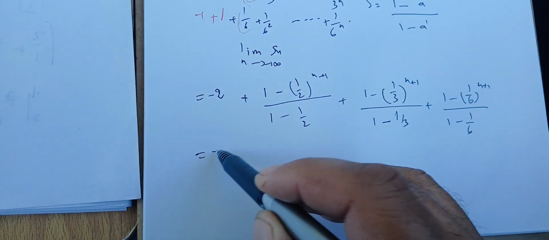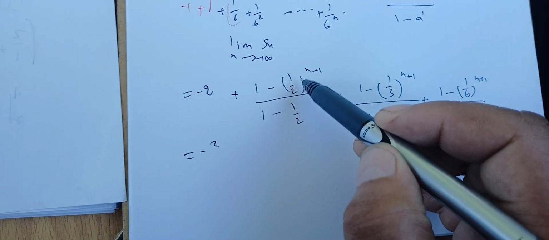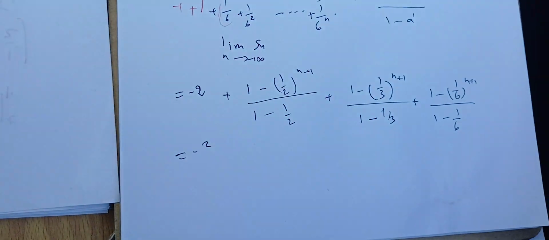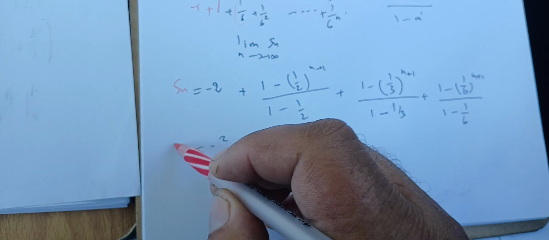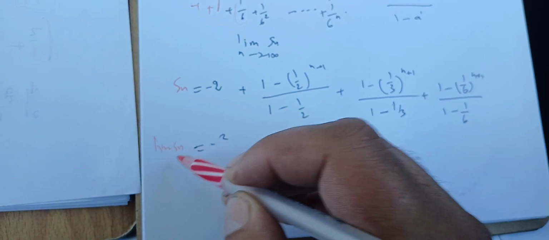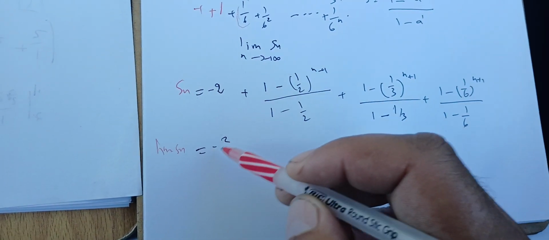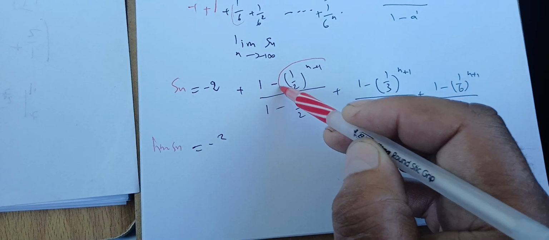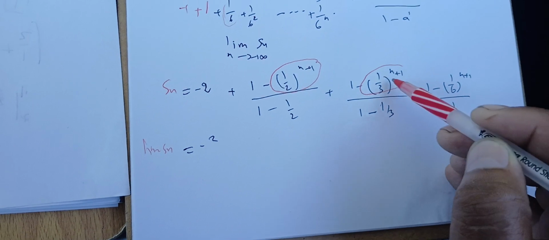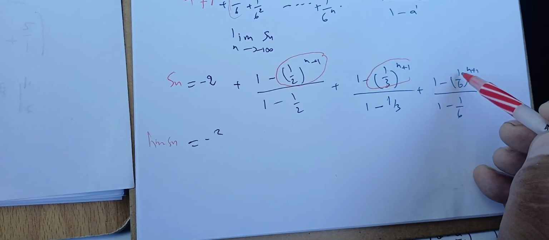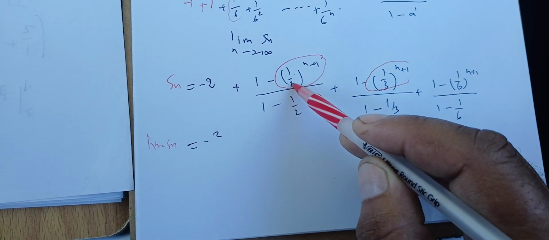Here we can get some simplification. This is less than 1, and therefore, when we take the limit, this is our S_n. Now we take the limit of S_n. Once we take the limit, this one is going to go to 0, because it's less than 1. 1/3 is less than 1, 1/6 is less than 1, 1/2 is less than 1.